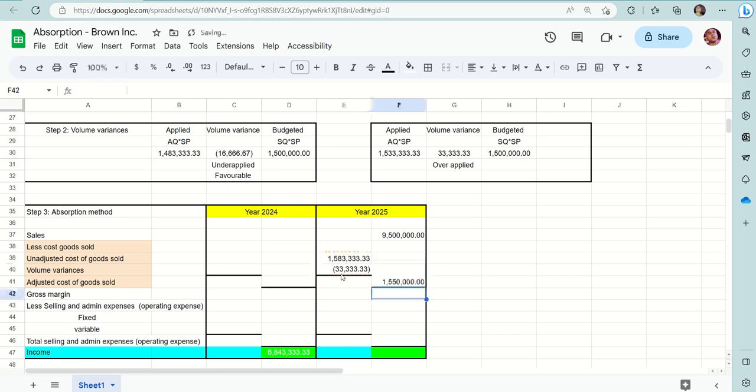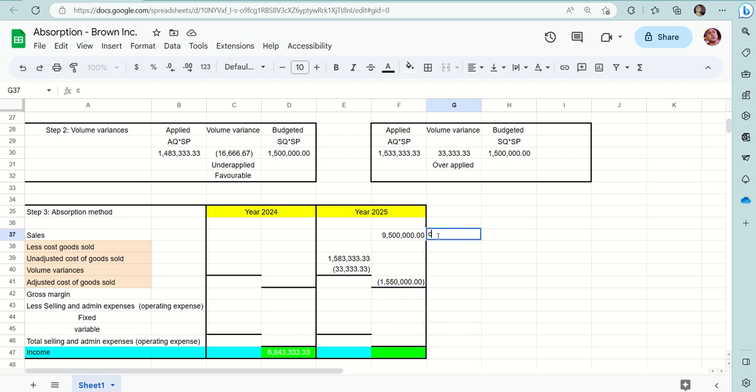That would give us 1,550,000. Because it's an expense, we want to reverse the polarity to negative to show that this is an expense.